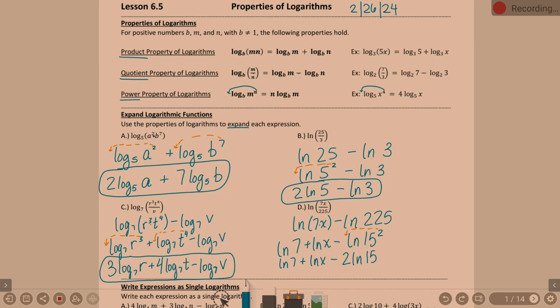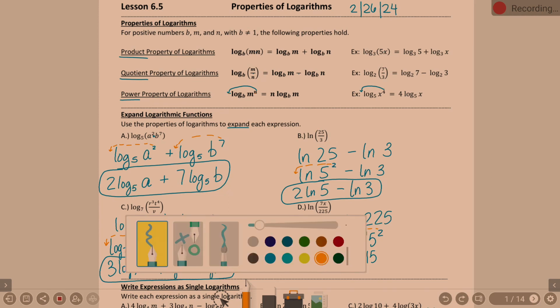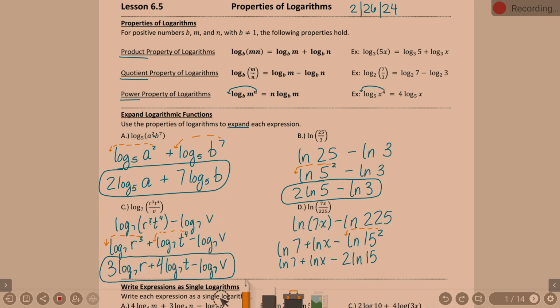So, if we look at 15, what do you know about 15? 15 is what times what? 5 times 3, yes? Okay, so in my notes, I had this broken up, and it's kind of awkward to do with the 2 there, but 225, you guys saw it as 15 squared.